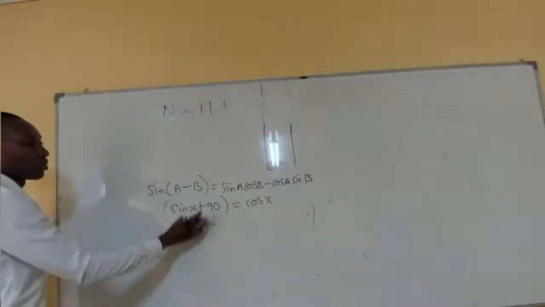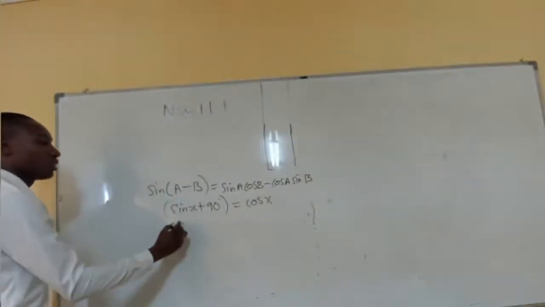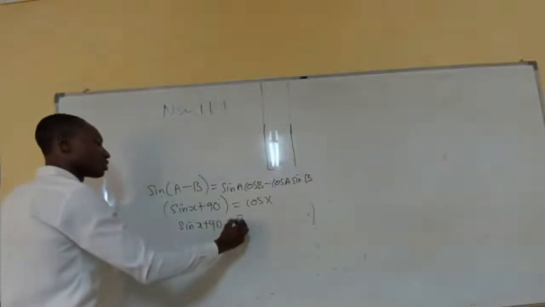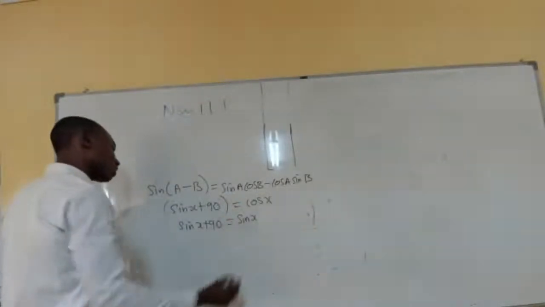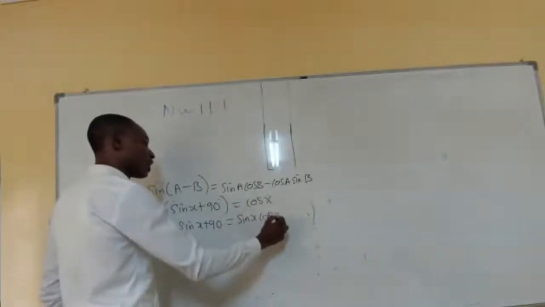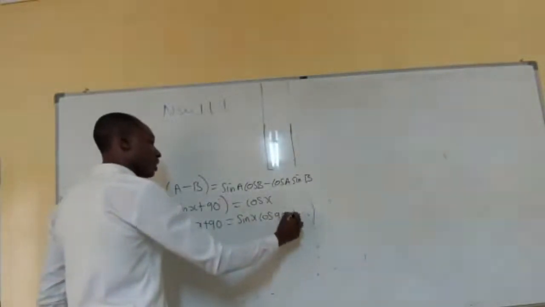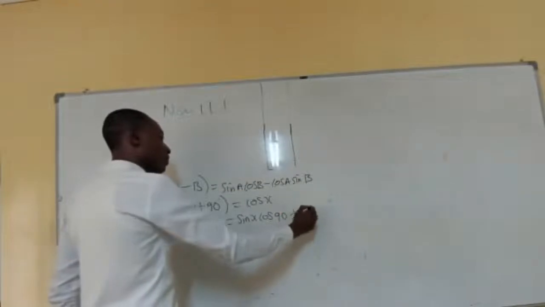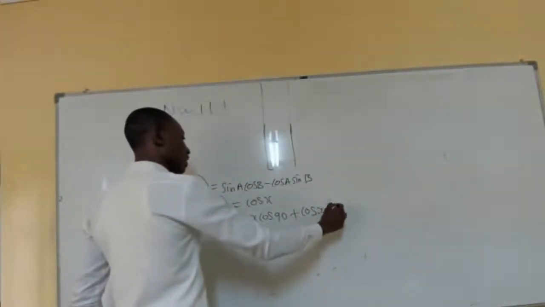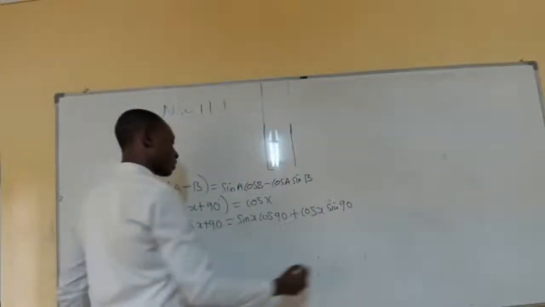So we're going to make reference to this. So sine of x plus 90 degrees is actually equal to sine x cos 90 degrees plus cos x sine 90 degrees, right?